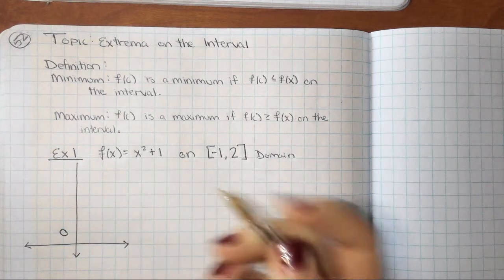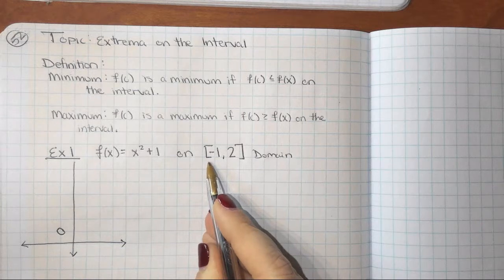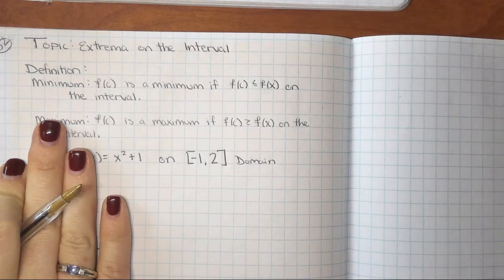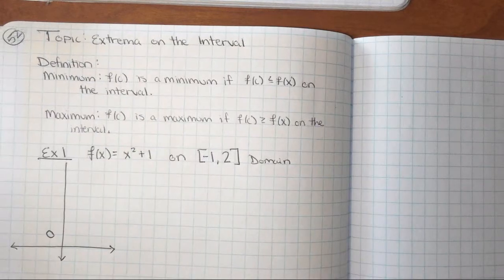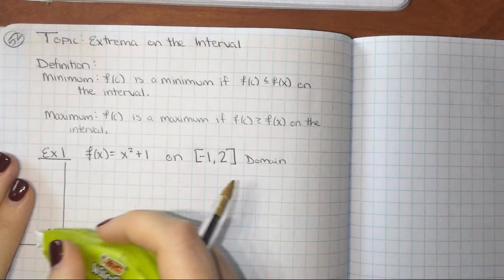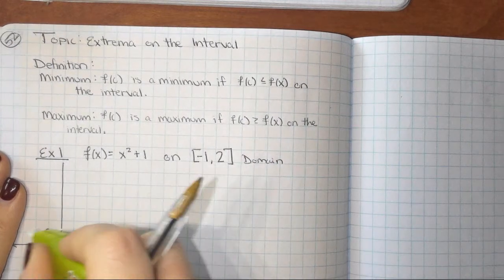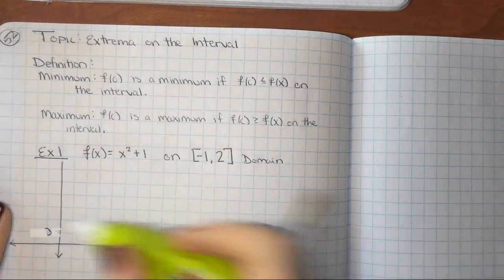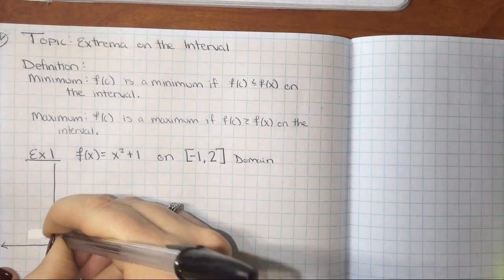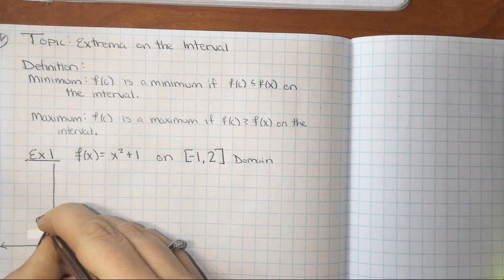So here it is, there's a circle. I'm allowed to fill in that circle. Okay. So -1, 2.